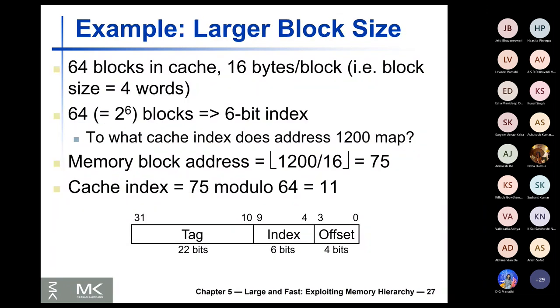Basically, the idea is that you start considering one block as one large word, and push as many bits as needed to the offset field. Then you can figure out from the index how many blocks you are supporting. Okay, 64 blocks being supported means 6 bits, and then the remaining bits are tags.